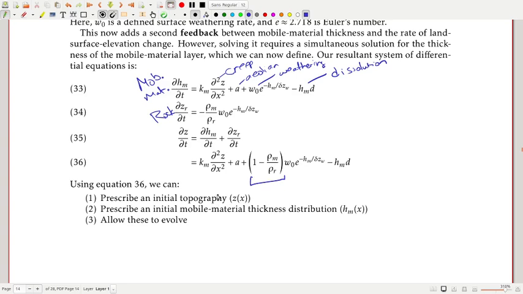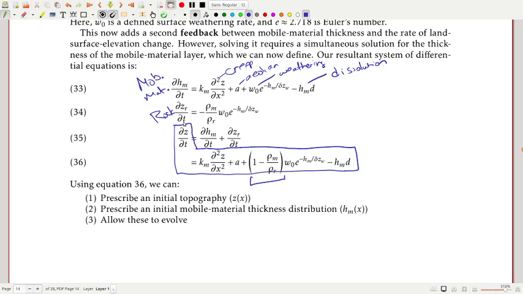And so using this equation 36 right here, yeah, we've gotten to 36 equations, that's right. I'm just going to box this whole thing off right there, because this is your final hillslope diffusion and everything else mixed in, kitchen sink equation for how these hillslopes evolve. So using this equation, what we can do is start out by prescribing an initial topography, some sort of elevation as a function of distance across the landscape.